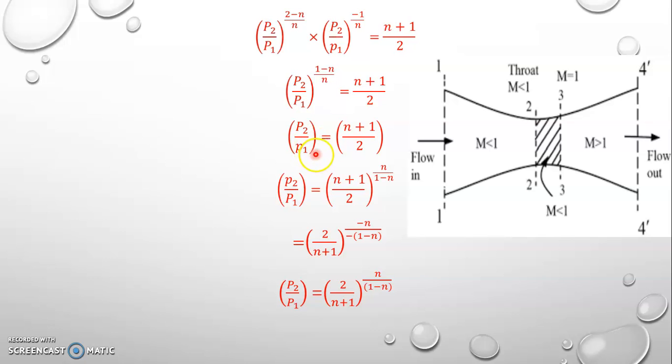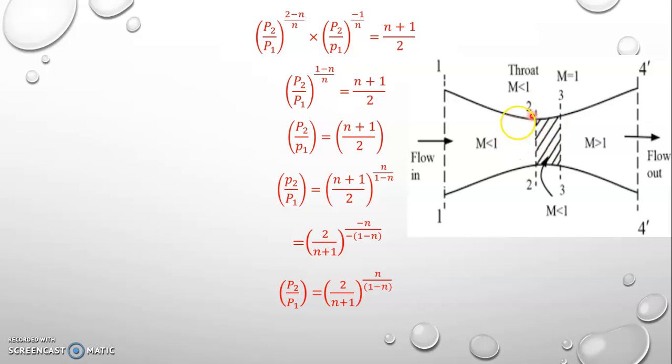So P2 by P1 equals (n plus 1 by 2) power of n divided by 1 minus n, which is 2 by n plus 1 power of n divided by n minus 1. Finally we get the critical pressure ratio at the throat: P2 by P1 equals 2 by n plus 1 power of n divided by n minus 1.